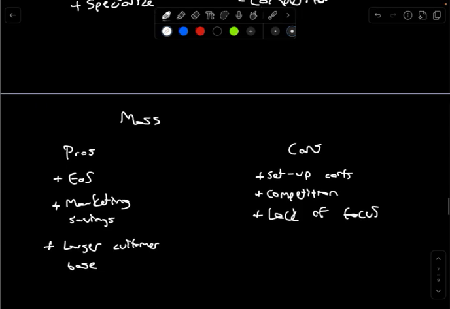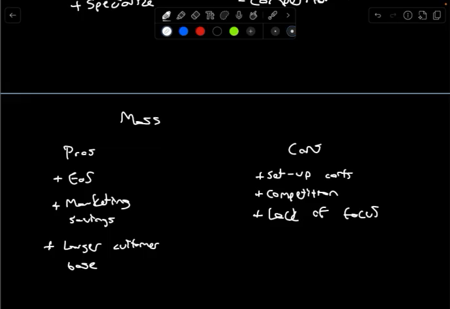So another type of marketing is mass marketing, opposite to the niche markets. Mass marketing is the marketing technique that ignores targeting individual market segments.